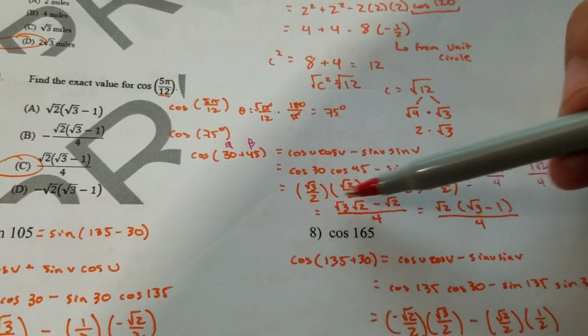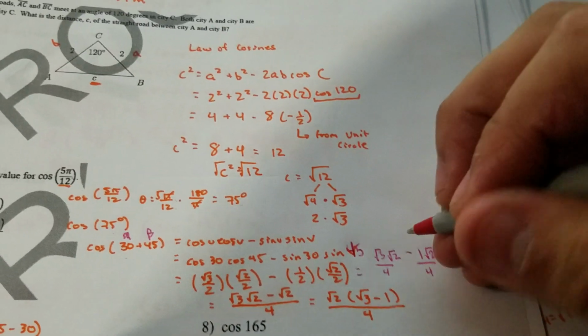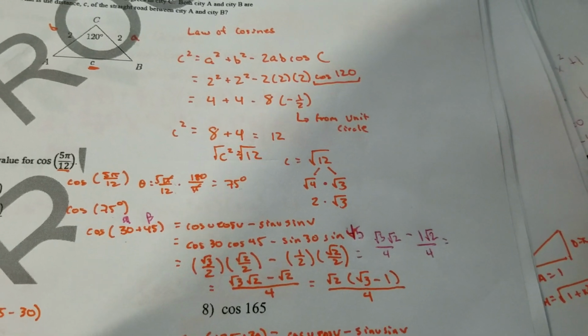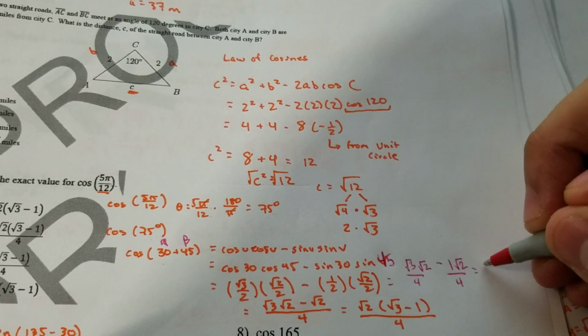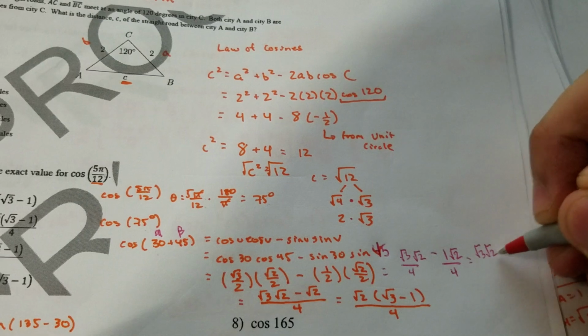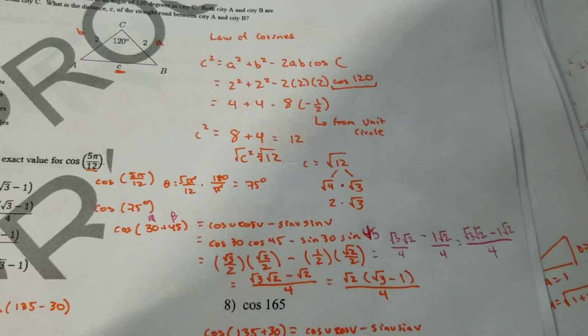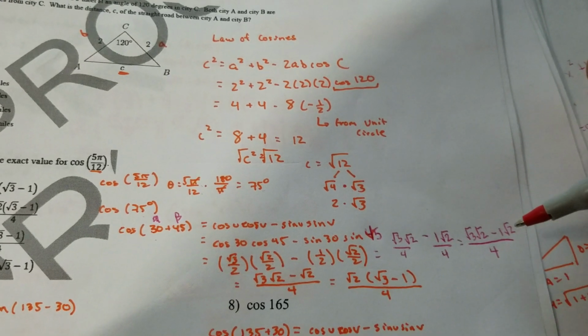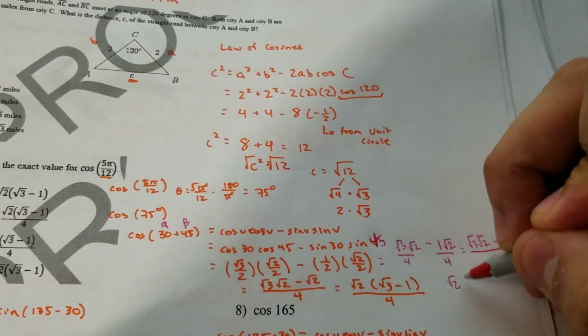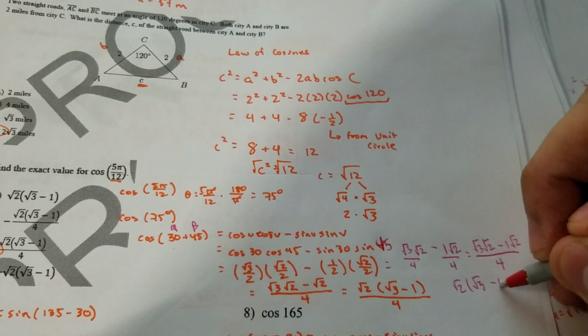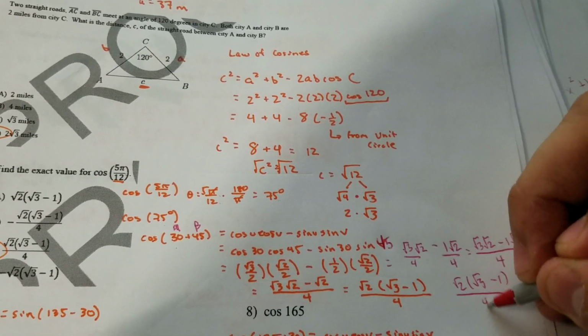Because the bottom is just 2 times 2. If I keep moving forward here, guys, I could say this is square root of 3 times square root of 2 minus 1 times square root of 2, over 4, because they have the same denominator. And I see that they both have square roots of 2. So I can say it looks like this, which is answer choice C.